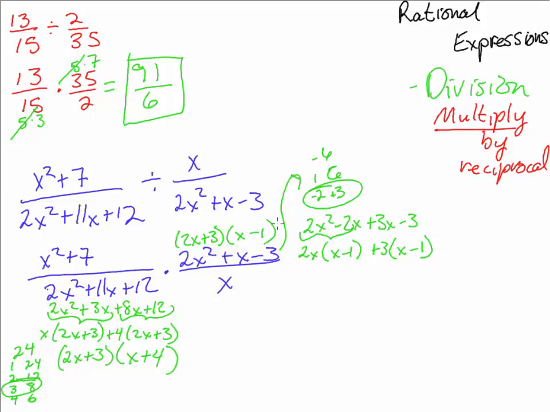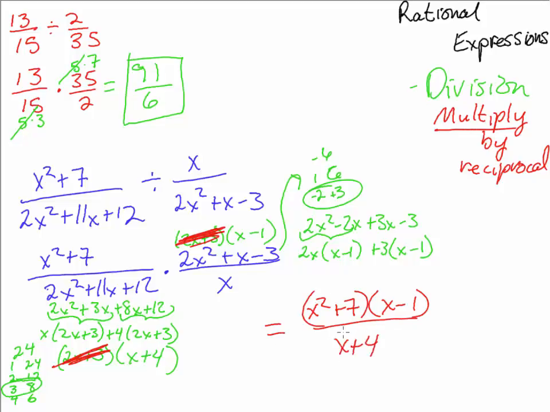Alrighty, do we see anything that can cancel now? Yeah, we do. Let's cancel it out. This guy can go with that guy. And that's it? We got gypped. That's all we got. x squared plus 7 times x minus 1 over x plus 4 is left here, and times x.